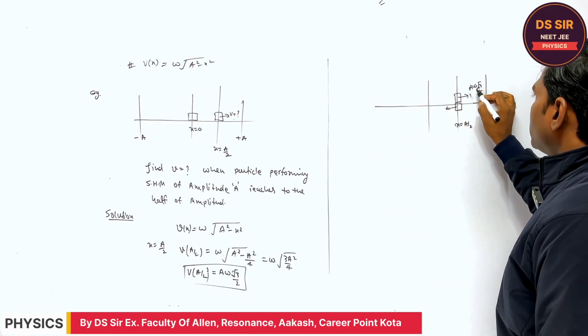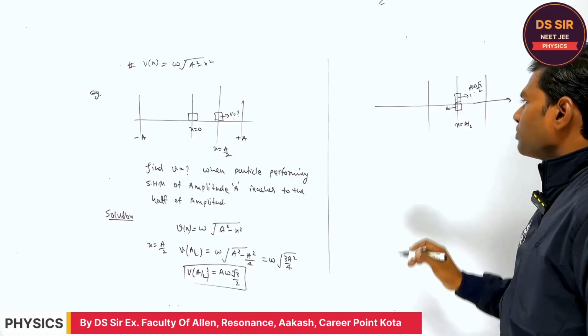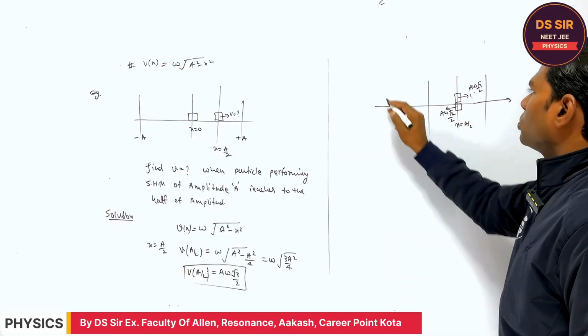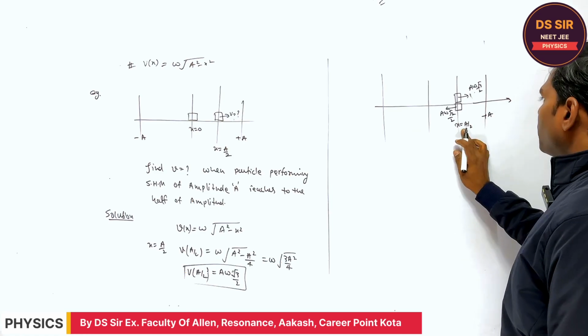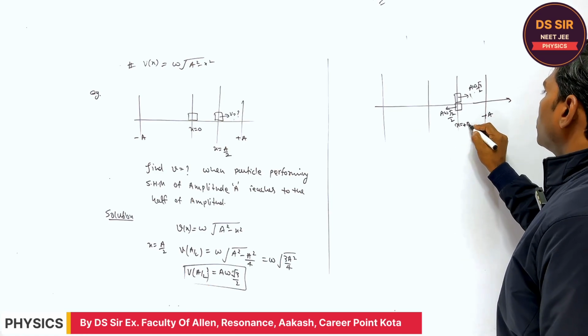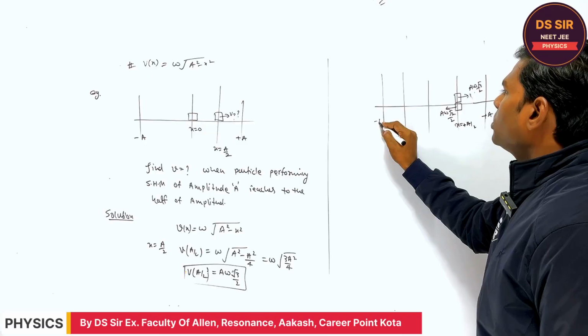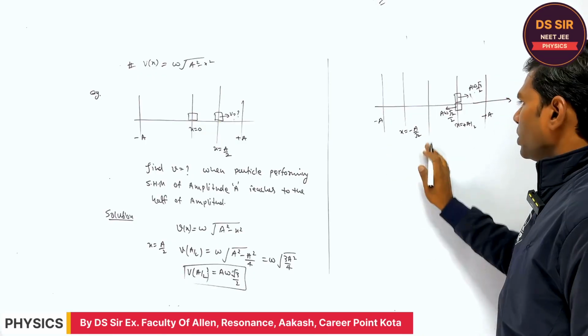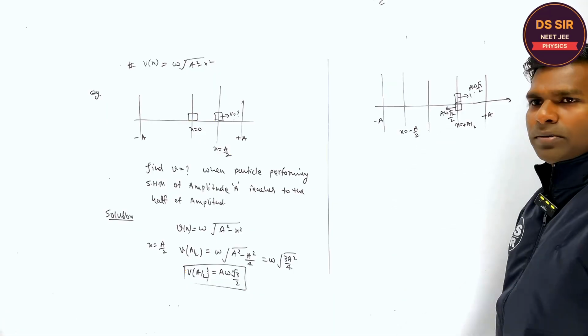So again the speed magnitude will be the same, only the direction will reverse, right? Also listen one thing, whether it is plus a by 2, or suppose this is minus a and this is the position minus a by 2, is it clear or not?